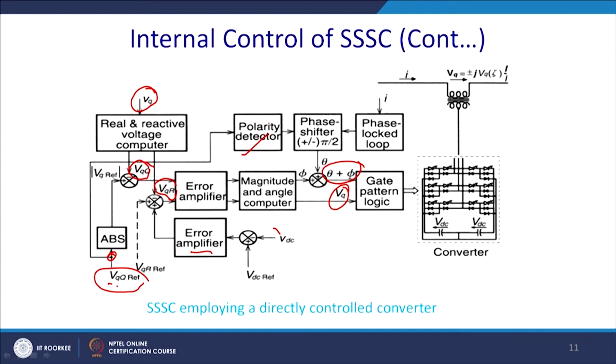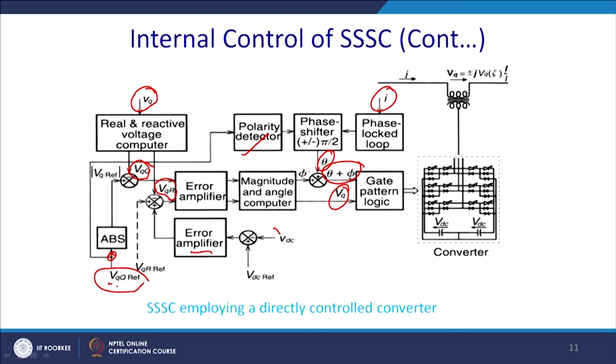Similarly, this input of the polarity detector, whether it is in a positive phase or the negative phase, will be fed to the phase shifter that will make a phase shift of 90 degrees with the current I. Similarly there will be a phase lock loop that also feeds an input, and from there theta will be generated. And from this error amplifier you will have both the magnitude.